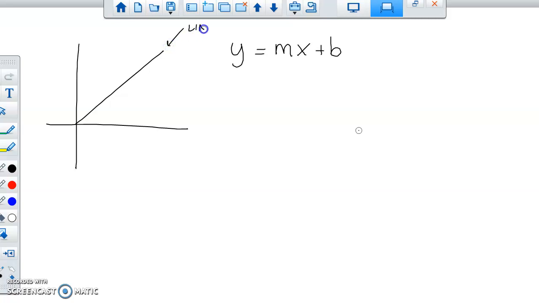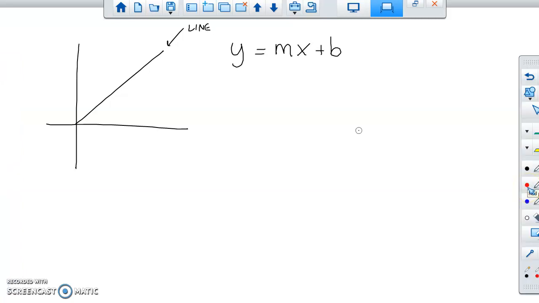It can be diagonal or horizontal, but it's always a line because usually the key is the slope. Whatever you're trying to look for is the slope, and when you plot two variables on the x-axis and the y-axis, you can find the slope, and that's usually the answer that you're looking for.